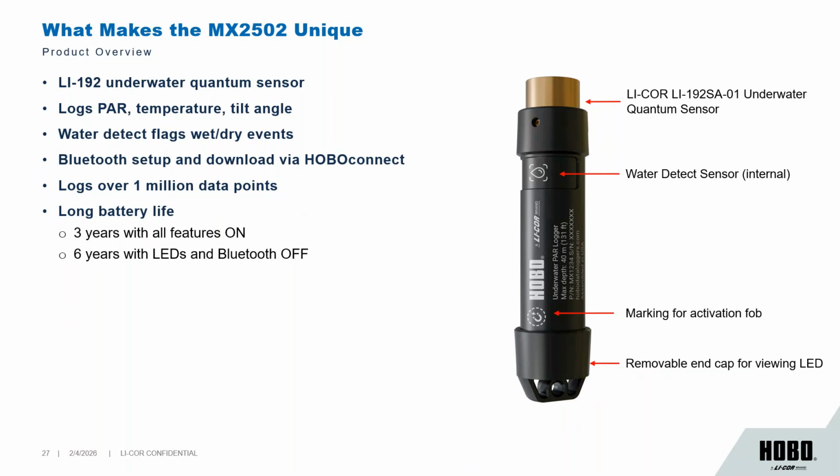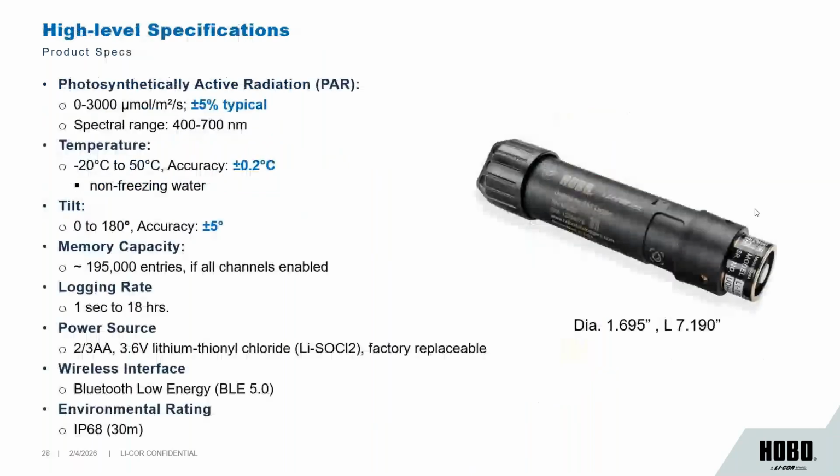What that water detect does is essentially add a QA and QC component to allow you to confirm the environment. Setup and data retrieval happens wirelessly with HOBO Connect, like our other HOBO MX data loggers. It is designed for long-term deployment with over 1 million data points and multi-year battery life, depending on how it's configured.